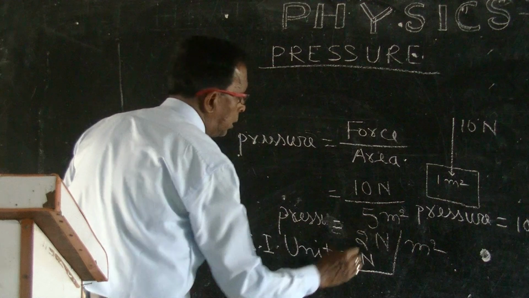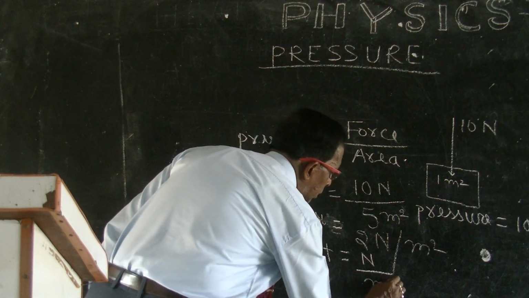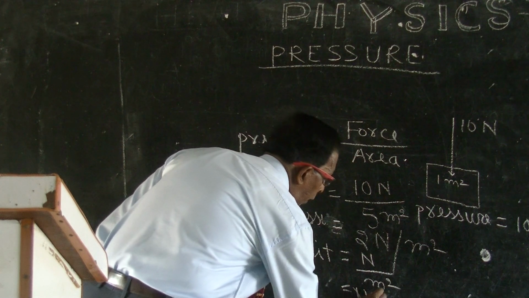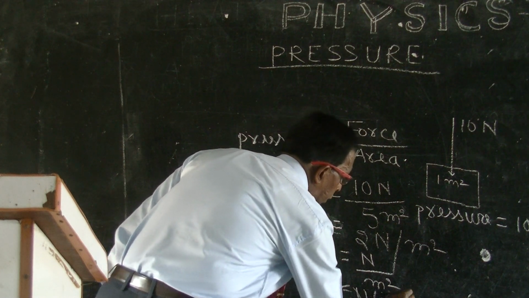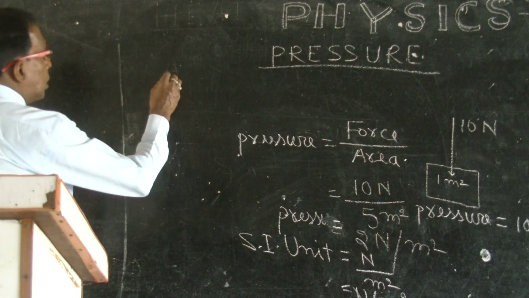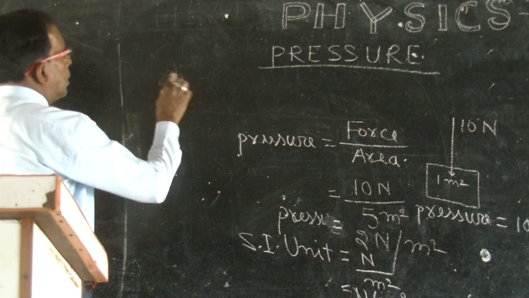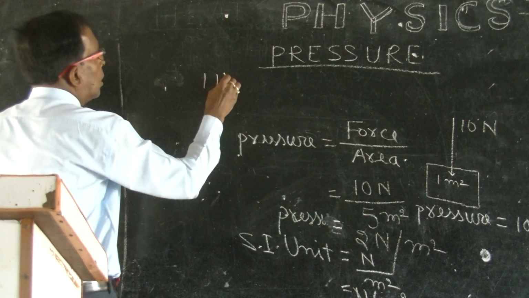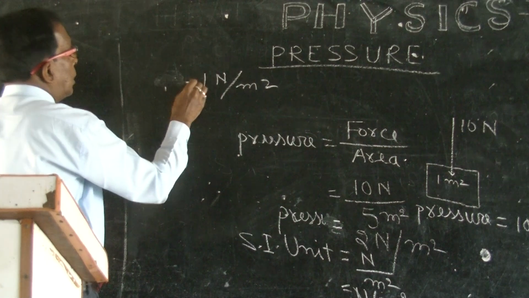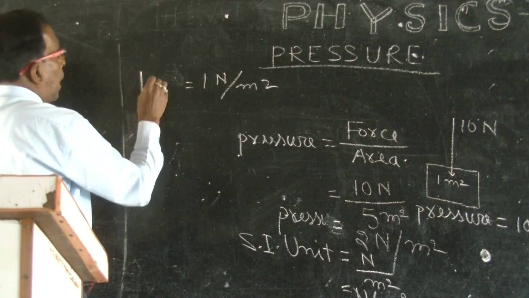And the area, meter square. That is equal to Newton per meter square. And 1 Newton per meter square of pressure is called 1 Pascal.